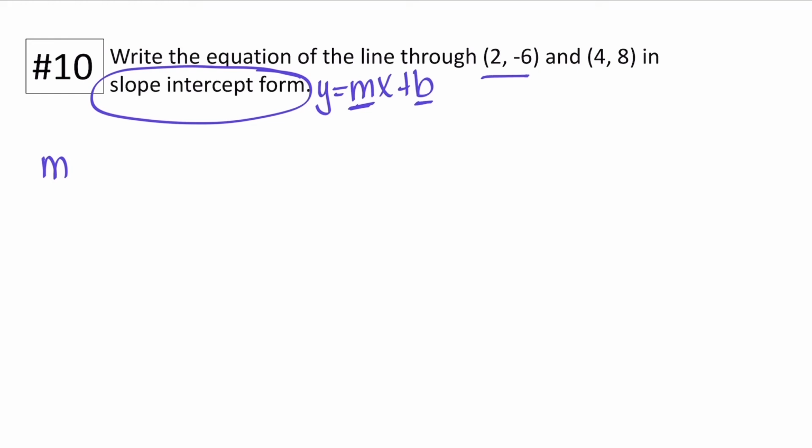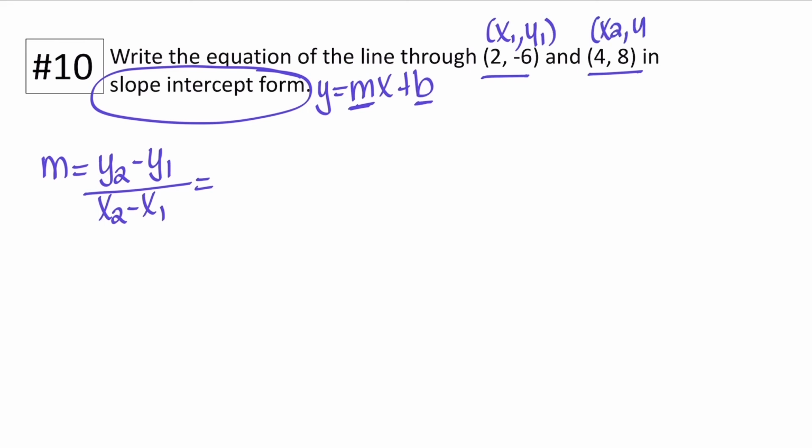So I have 2 points. So remember, I'm going to need to use that formula that m equals y2 minus y1 divided by x2 minus x1. When I use this formula, I'm always going to start off by labeling my points. This point will be x1, y1, and the second point will be x2, y2. So this tells me that my y2 is 8.